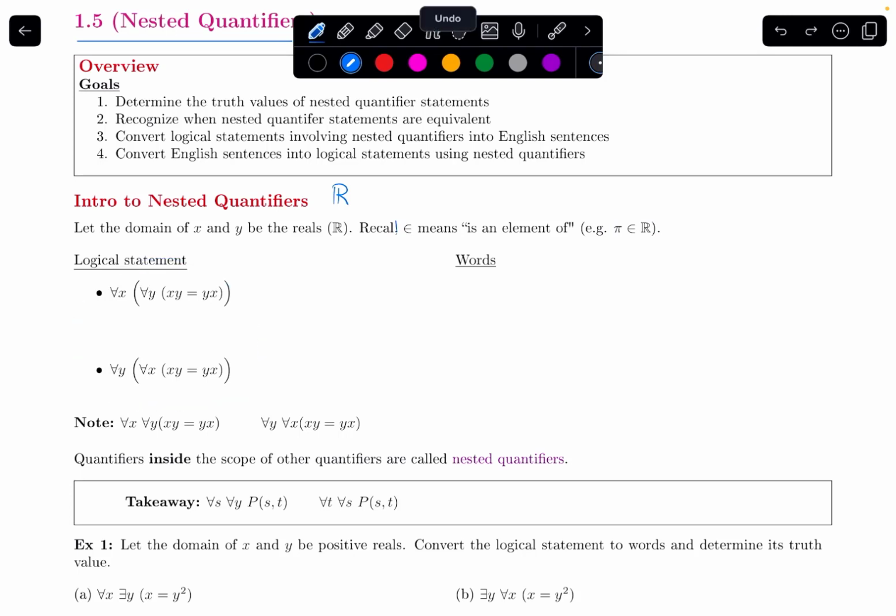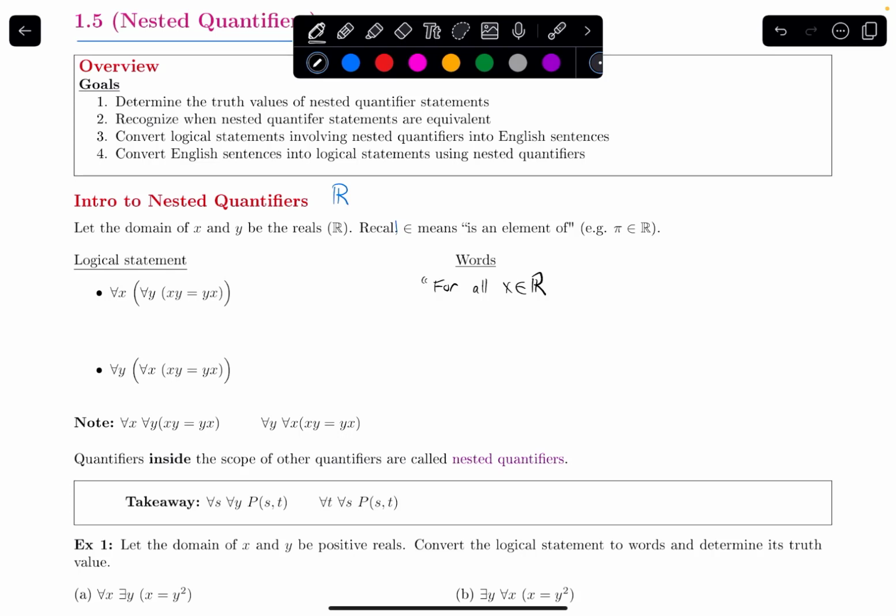The first one says for all x, and then in parentheses, for all y, xy equals yx. So how do I say this in words? Well, first we have a for all x, and the domain of x is the reals, so for all x an element of the reals.